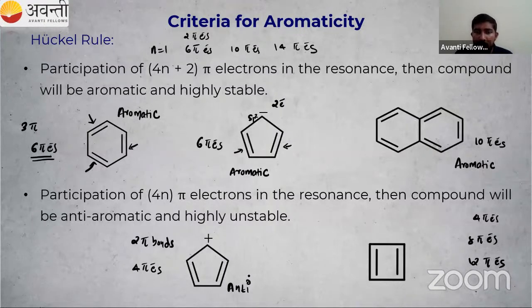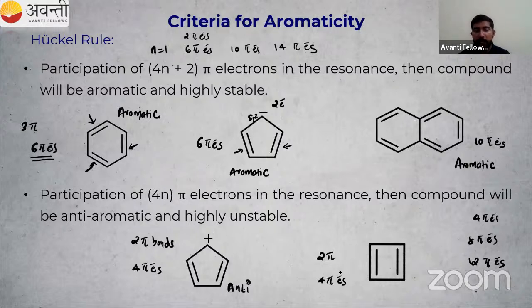One more example. Can you tell me how many pi electrons are present in this organic compound? JNV Rajkot students, other students, how many pi electrons? Check the number of pi bonds. There are 2 pi bonds present. So 4 pi electrons are present here. Yes, JNV Rajkot students, 4, right? What about the other conditions? First, it is cyclic, that is satisfied.